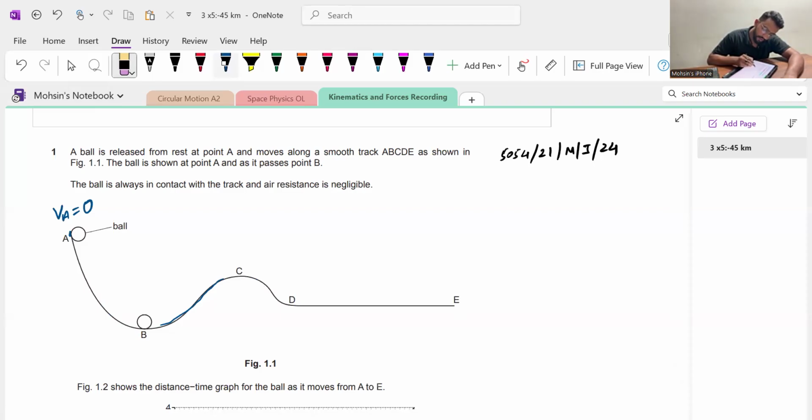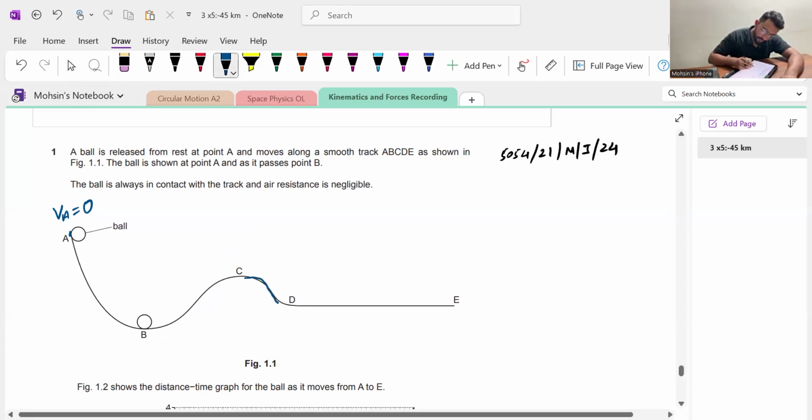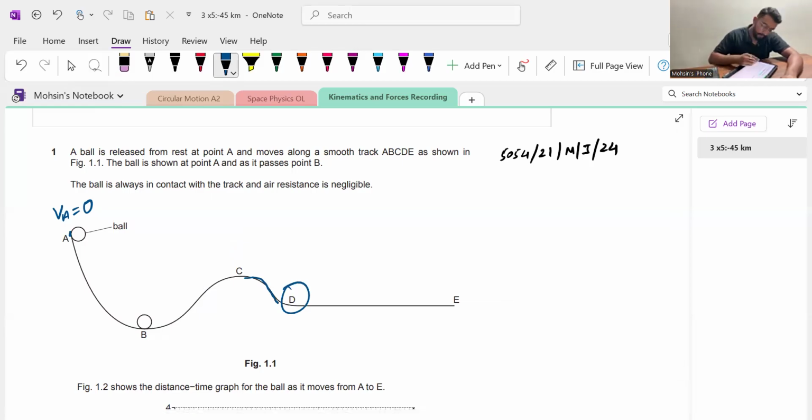At the next point, because the object is not going that high, it will not reach zero speed, but it will have a little less speed. So after point A, a little bit more speed is at point C, and then at D the speed increases further. At point D the speed is more than C, and because from A to B it has gone too far, its speed will increase more.